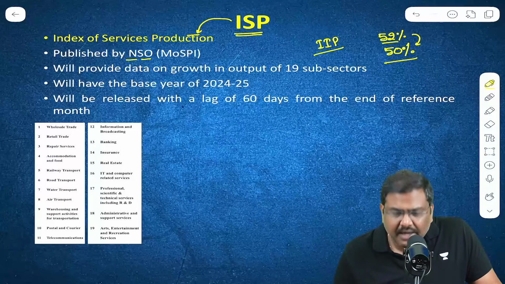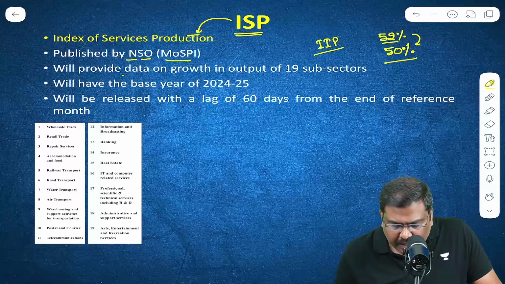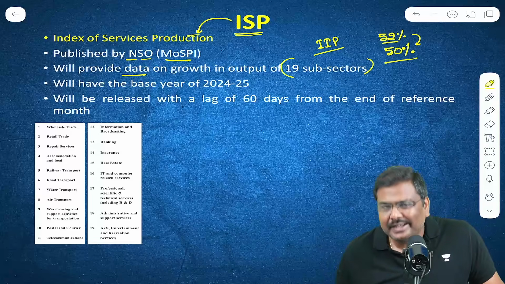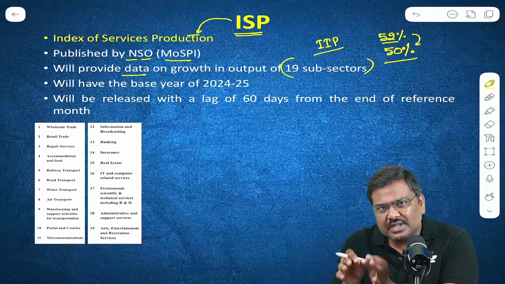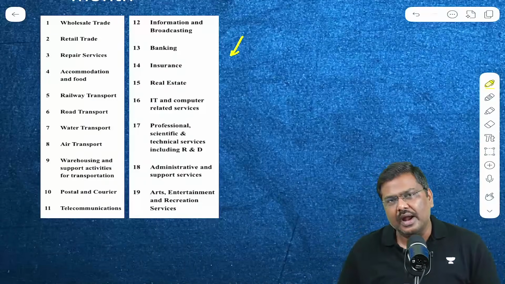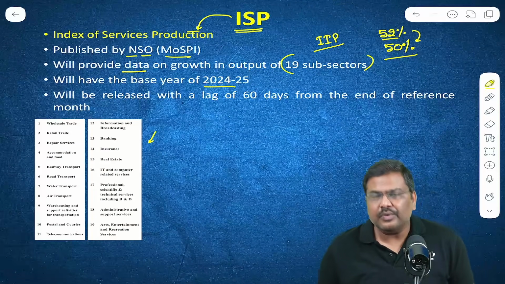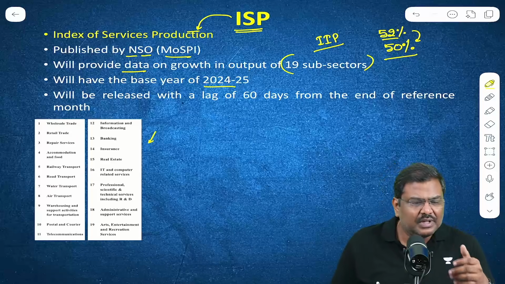This is published by NSO, the Ministry of Statistics and Programme Implementation. It will basically measure the changes in the output of 19 services subsectors. The list has been provided here. You can have a look at it. It will have the base year of 24 and 25, and will be published with a lag of 60 days from the reference date.